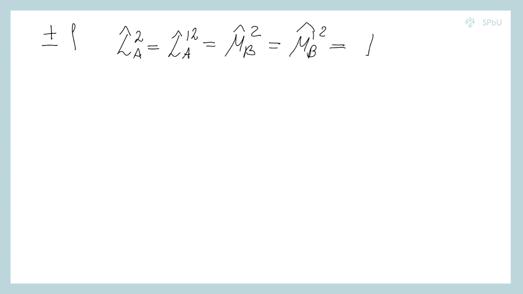So we can write LA squared equals LA prime squared equals MB squared equals MB prime squared, and all of this equals the identity matrix. We'll need this property soon.